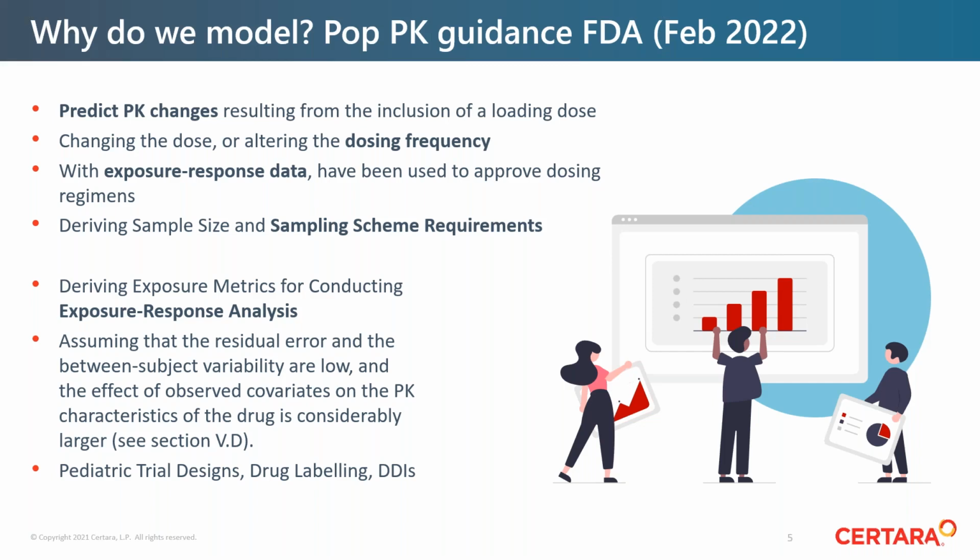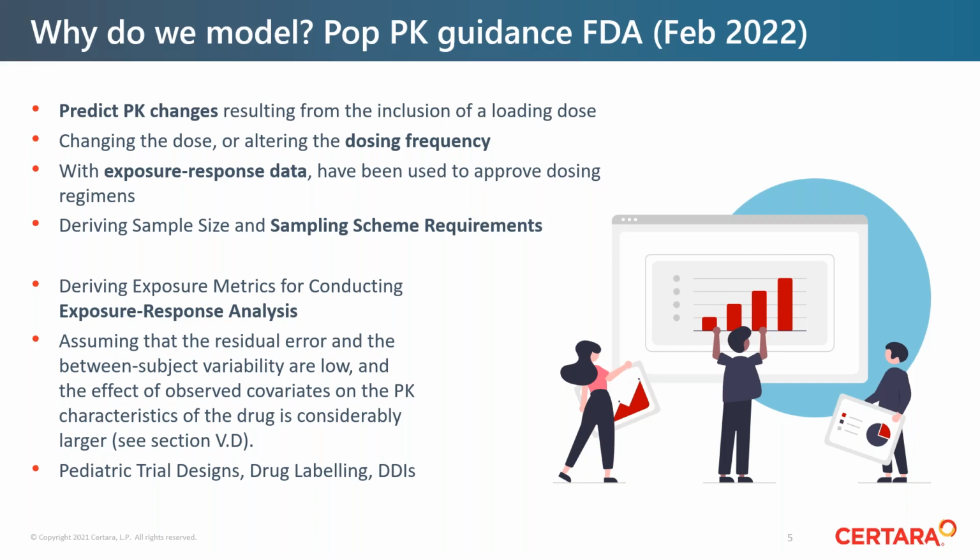But going on, if we've got these exposure metrics and we can build a model where we've got relatively low residual error between subject variability, part of what we do to get there is we bring in covariates.